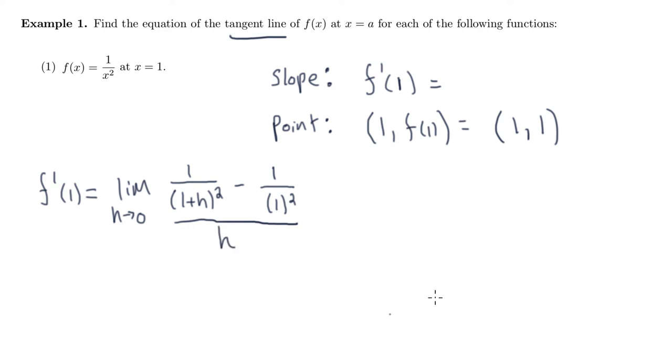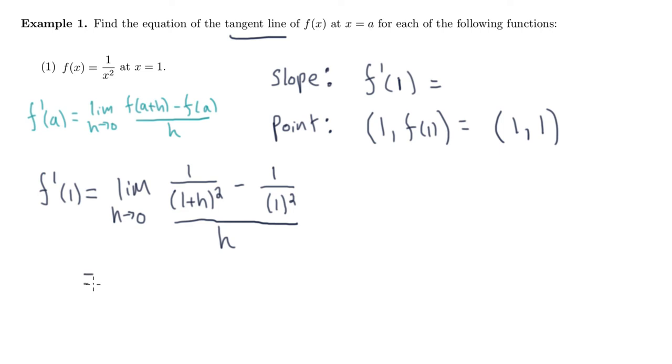Okay, so just in case you're a little bit confused where this came from, remember that the derivative f prime of a is the limit as h goes to 0 of f of a plus h minus f of a all over h. And so all I did here is just evaluate. So a is 1. I just evaluated f at 1 plus h, and then minus f evaluated at 1, and then divided by h.